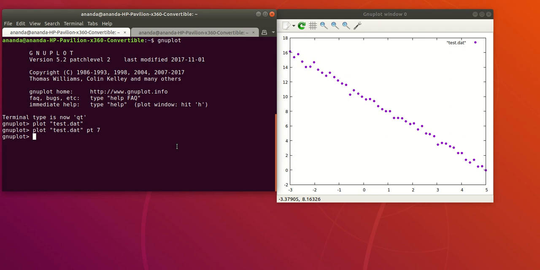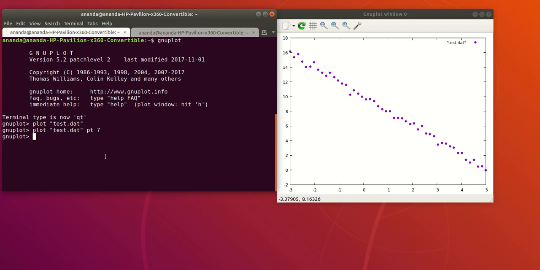But there is a very nice mathematical way of doing it. This is called the least square method. I'm not going to talk about the details of the least square method here, but we are going to show you how to use it in gnuplot, and for that we need to use the fit command.